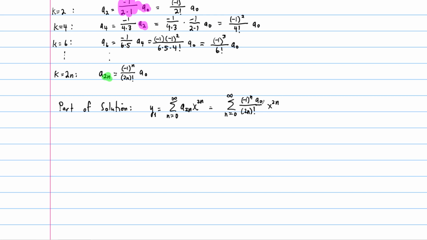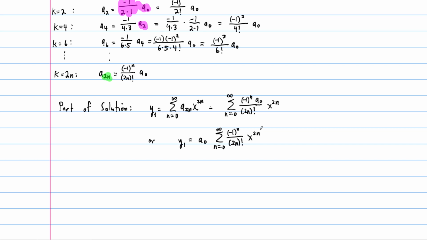That a sub 0, since it's a constant, can be factored all the way out. And we can write this as y sub 1 equals a sub 0 times the sum, n goes from 0 to infinity, of negative 1 to the n over 2n factorial times x to the 2n.